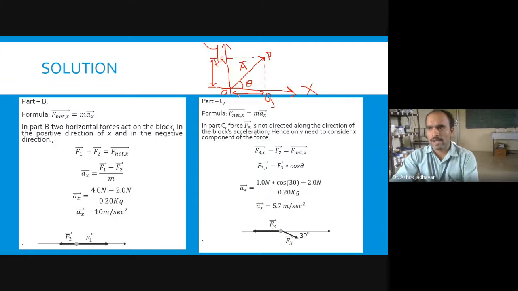I need to determine the value of AX and the value of AY. I can determine these values by just using simple trigonometry. We have to consider trigonometric relations: we have to define sine of theta and cos of theta.